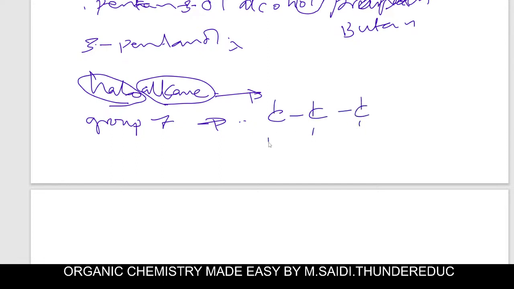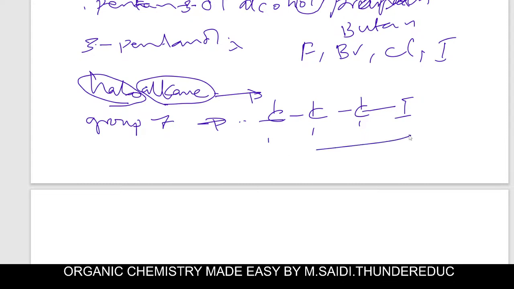Yes, these are alkanes. So you take any of fluorine, chlorine, bromine, iodine, in that order. Choose any one. You say that easy.